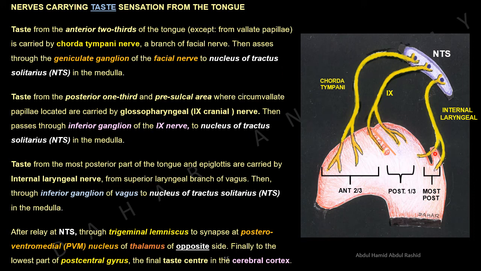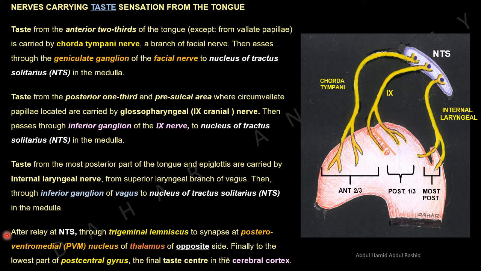Taste from the most posterior part of the tongue and the epiglottis is carried by the internal laryngeal nerve, which is a branch of the superior laryngeal of the vagus. Then through the inferior ganglion of the vagus to the nucleus of tractus solitarius in the medulla.